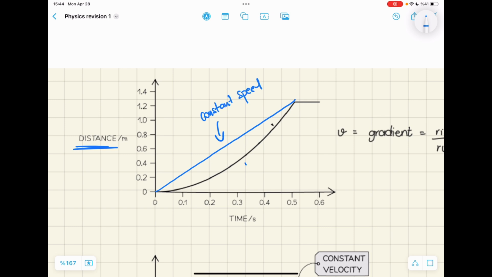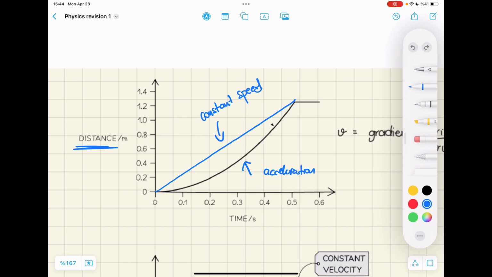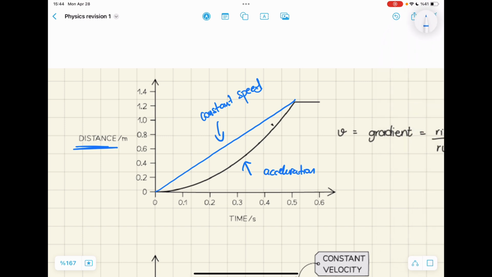And this is not a constant speed. This is speed that is changing, and if speed is changing, that means that I have acceleration. So this is acceleration. And we know that constant speed cannot result in acceleration. Only changing speed results in some type of acceleration or deceleration.